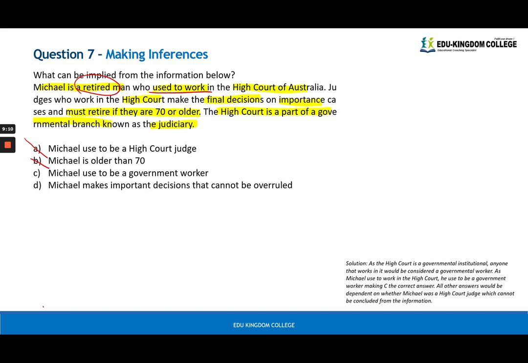This is only for the judges who work at the High Court. They must retire if they're 70 or older. We don't know what Michael is. So, no. C, Michael used to be a government worker. Now, this is true because he used to work in the High Court of Australia, and we know the High Court is a part of the governmental branch. So we know that he definitely worked for the government. So C is the answer.